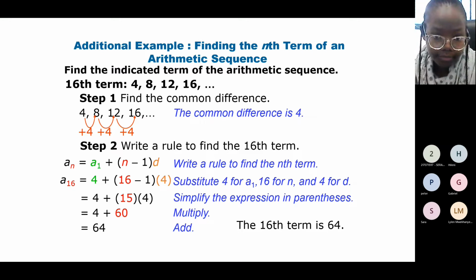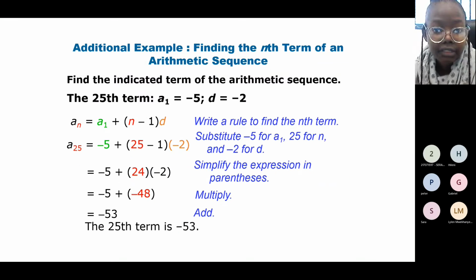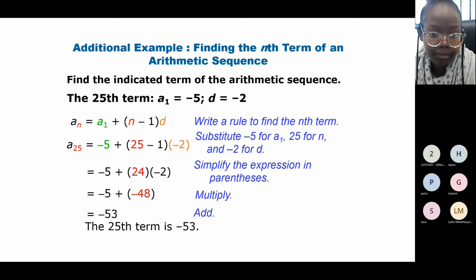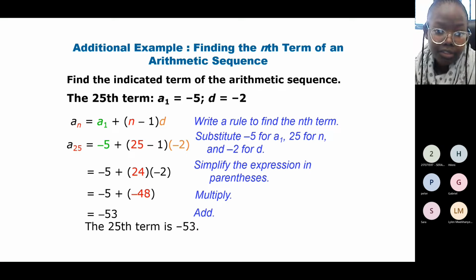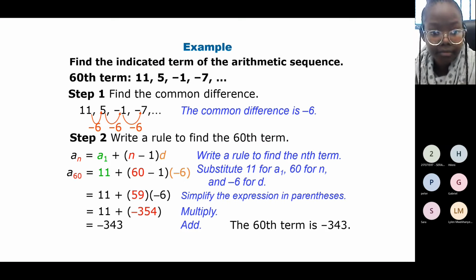Okay, to find your nth term, this example continues: find the indicated term of an arithmetic sequence, the 20th term, and the common difference, write down the nth term. You just use the formula, substitute, and you will be able to get whatever term you are being asked.